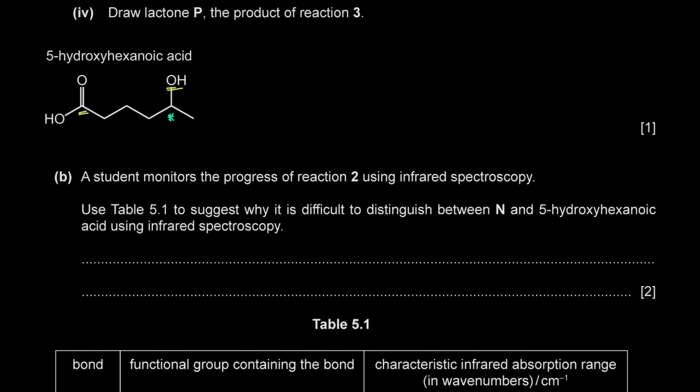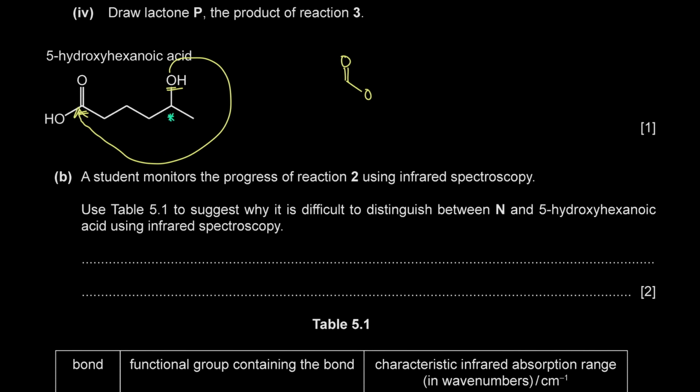So what happens here is, we're going to start with the C double bond O over here. And this carbon bonds to the oxygen from the alcohol. What ends up happening is that this oxygen bonds to this carbon.